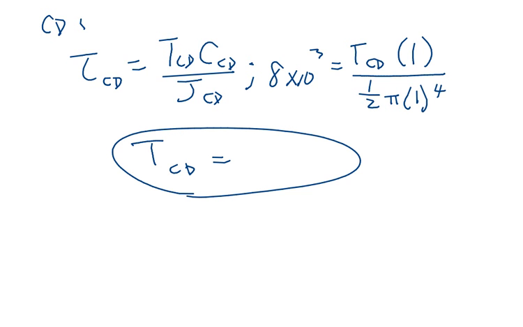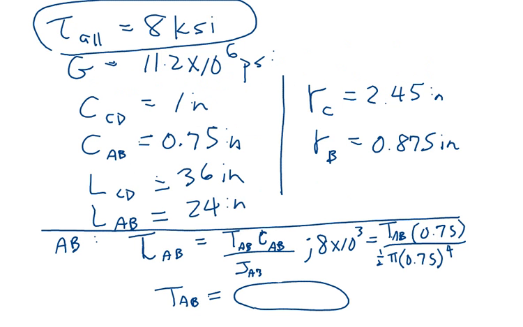Now, I get some torque that I'm allowed to apply to CD and some torque that I'm allowed to apply to AB. But which is the more important value? Or can I just use that torque in CD as is?